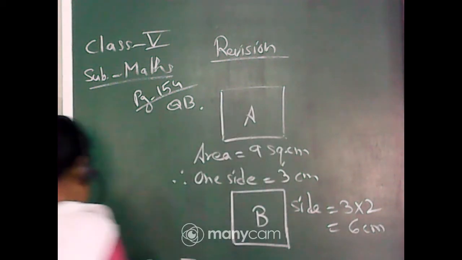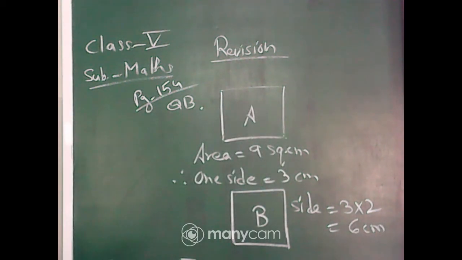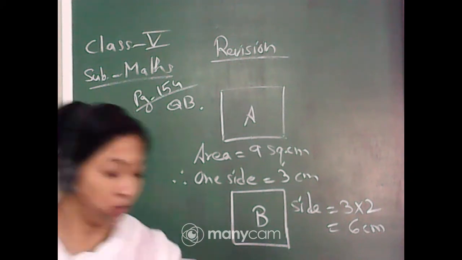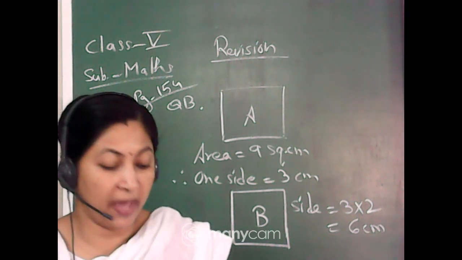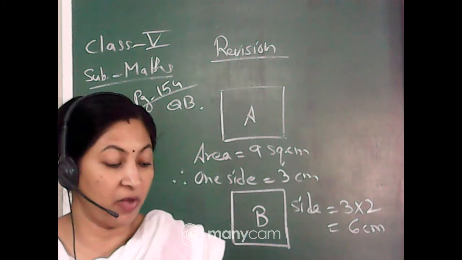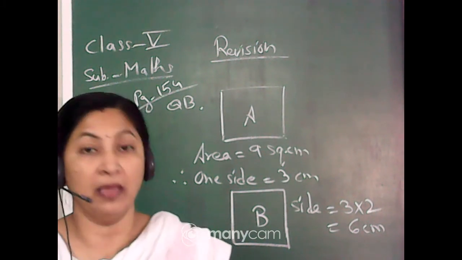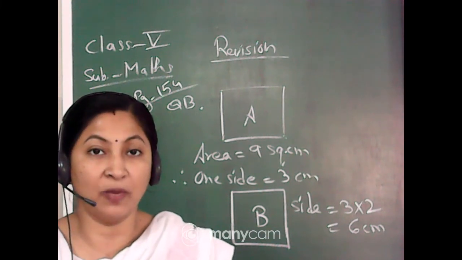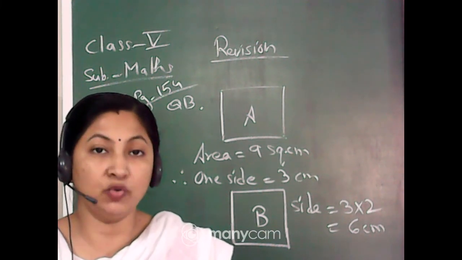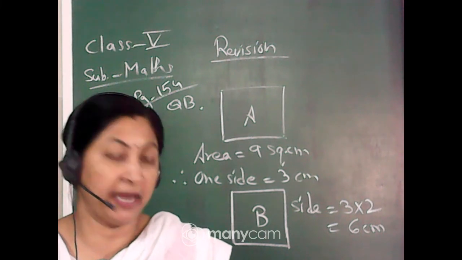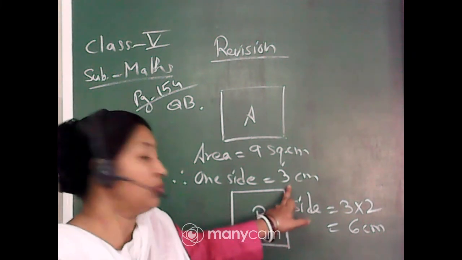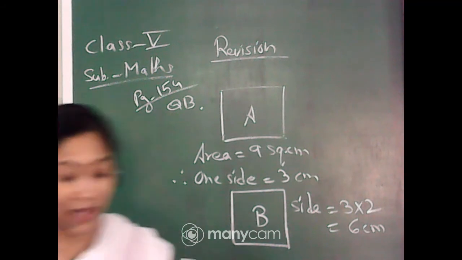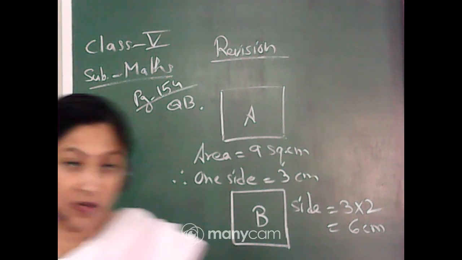So the second square, that is square B, will have 6 centimeter as the side. Now after this, the first question. The perimeter of square A is dash centimeter. Now you have to find the perimeter of square A, and as you know, for a square the formula is 4 into side. Side is 3, so 3 into 4. 3 fours are 12.